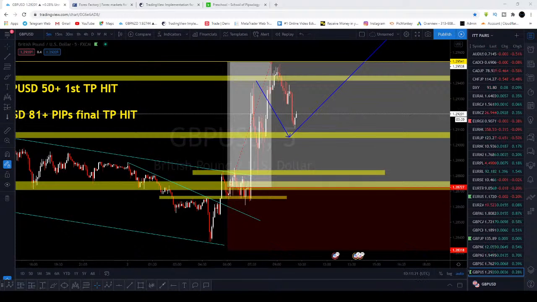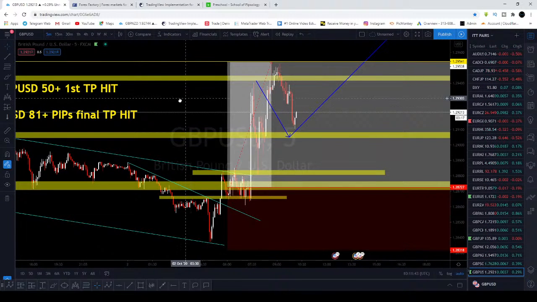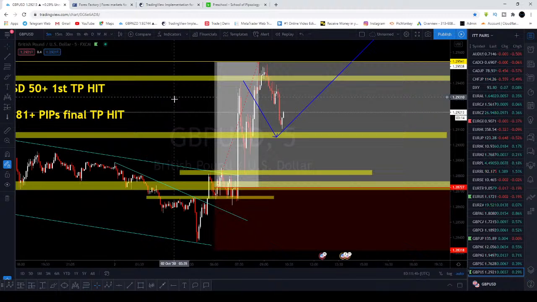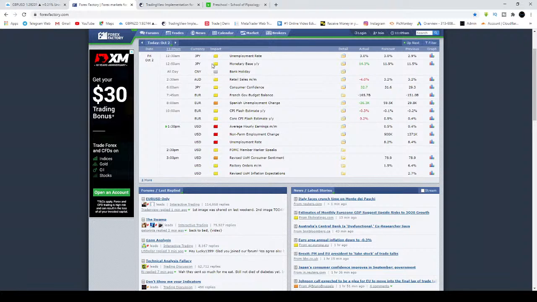Somebody said, bro, can you tell me how to analyze market news from Forex Factory? You just use your common sense to analyze fundamentals. And of course, all these colors that you see, if you come down to Forex Factory, these colors determine how the market is going to be.